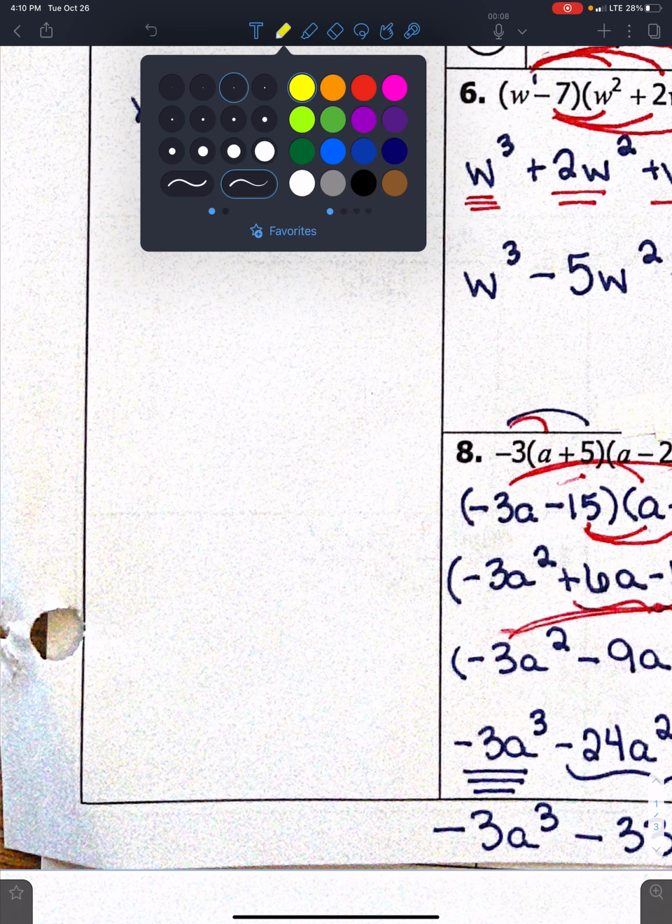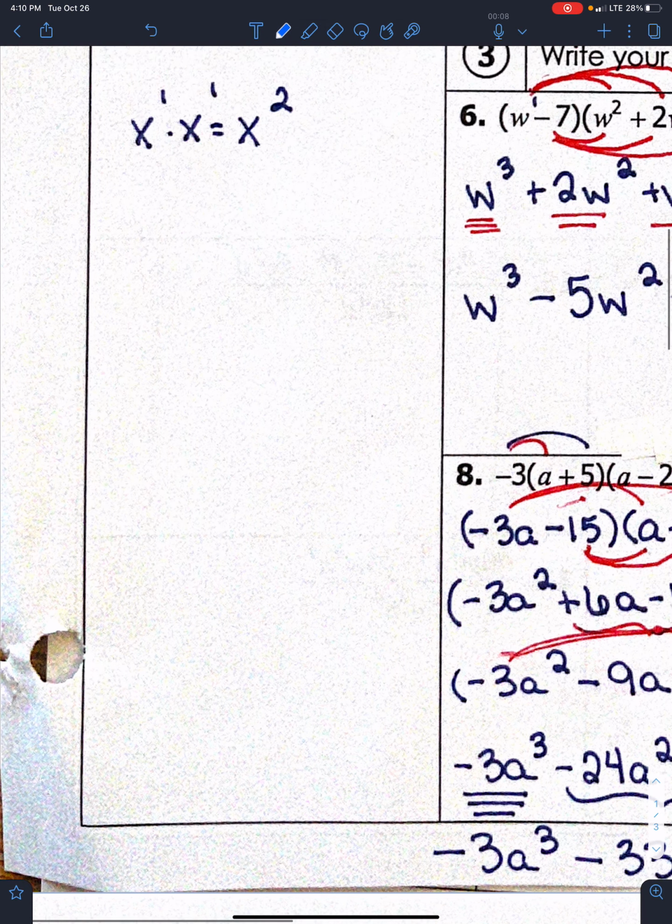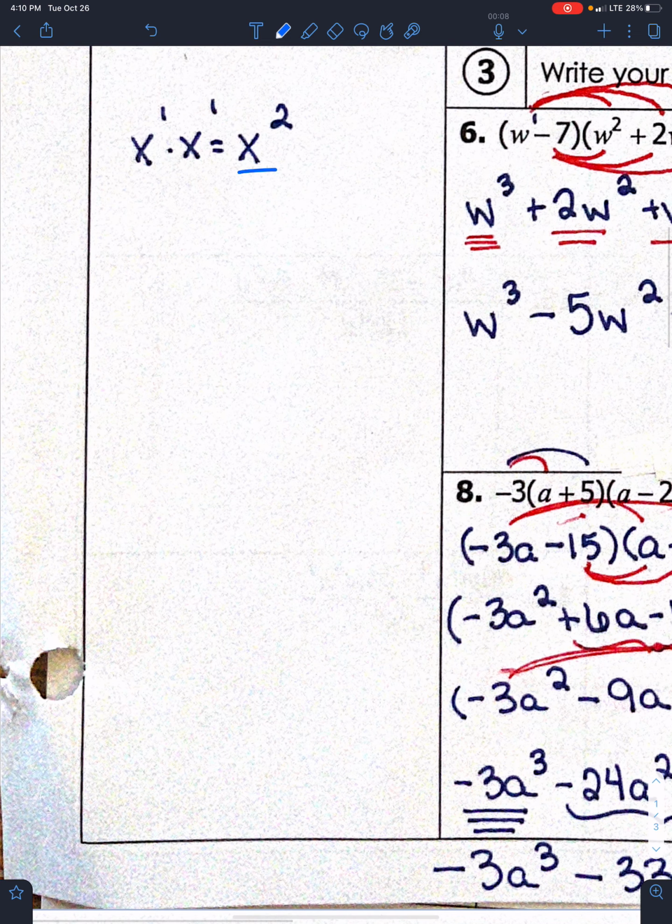With number 9, when you have something like x squared, remember that x squared comes from x times x. If I had x cubed, that would be the same thing as x times x times x. Well, what if I had parentheses cubed?